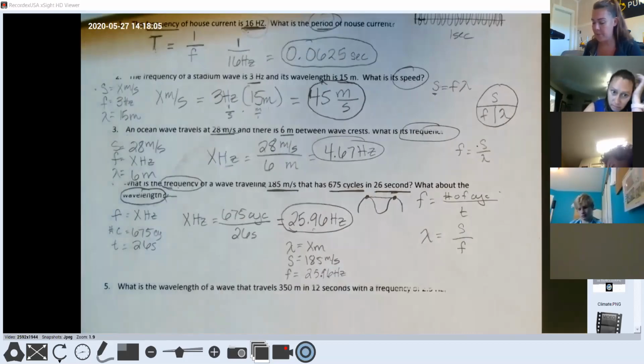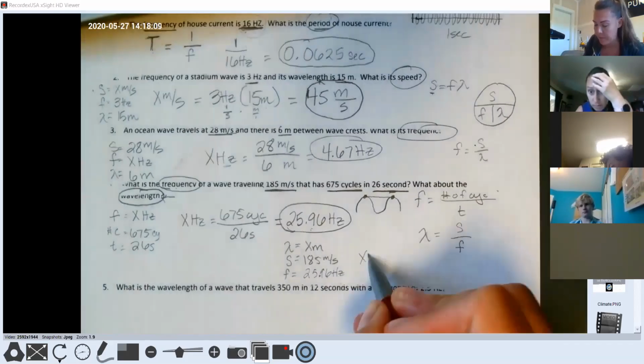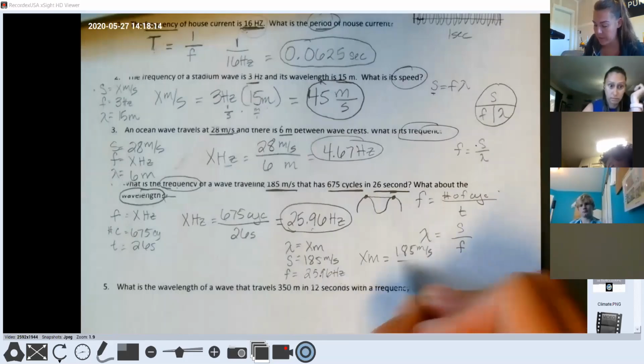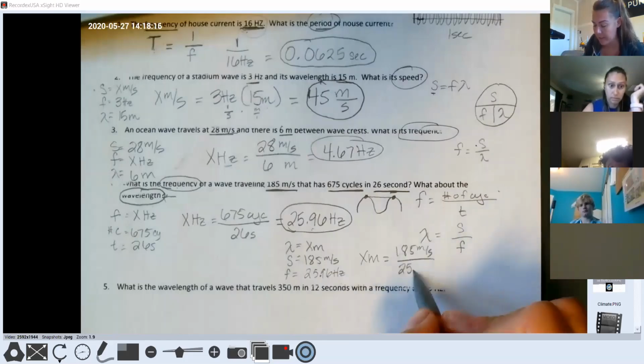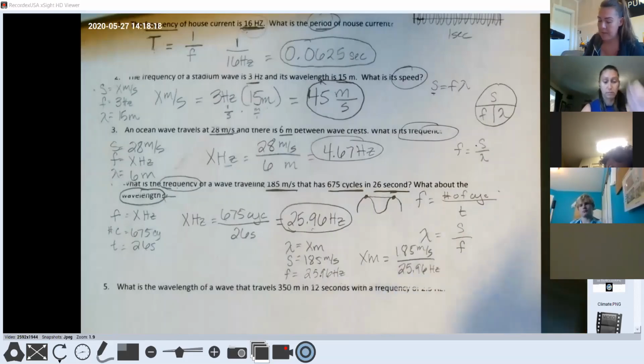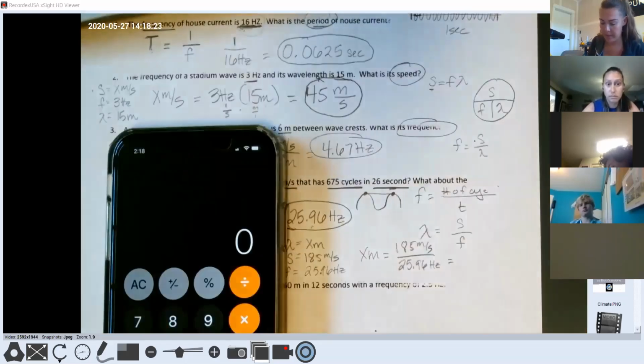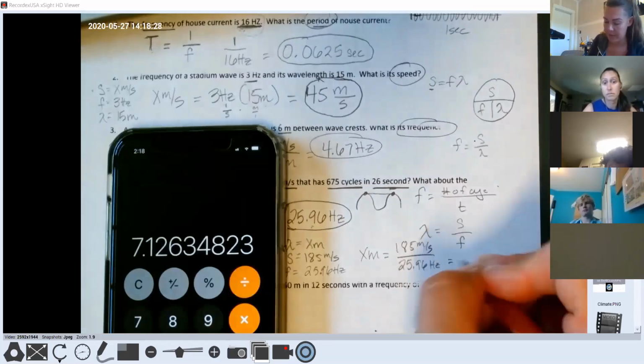Okay, so in this case, I'm just going to plug it into this equation. X meters equals speed, 185 meters per second, divided by frequency, 25.96 hertz. And then I'm just going to plug it in. So my calculator, 185 divided by 25.96. That's going to give me 7.1.